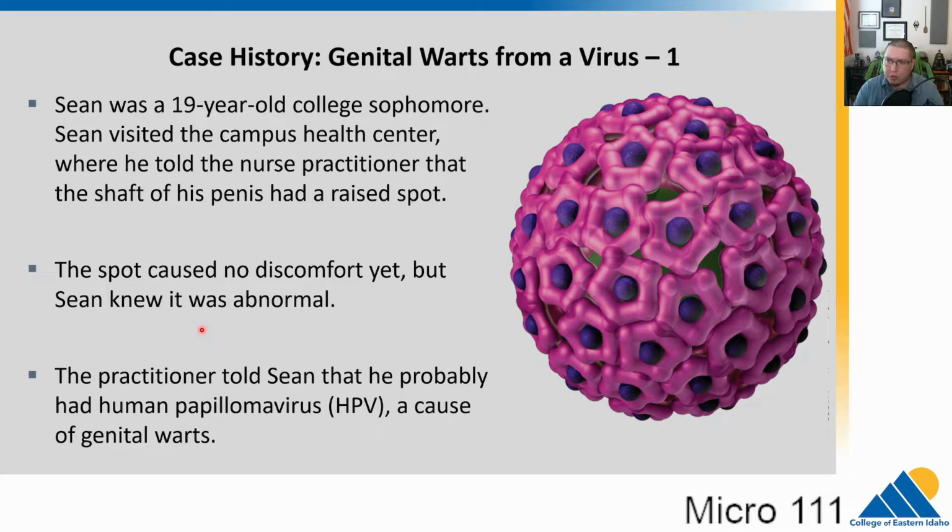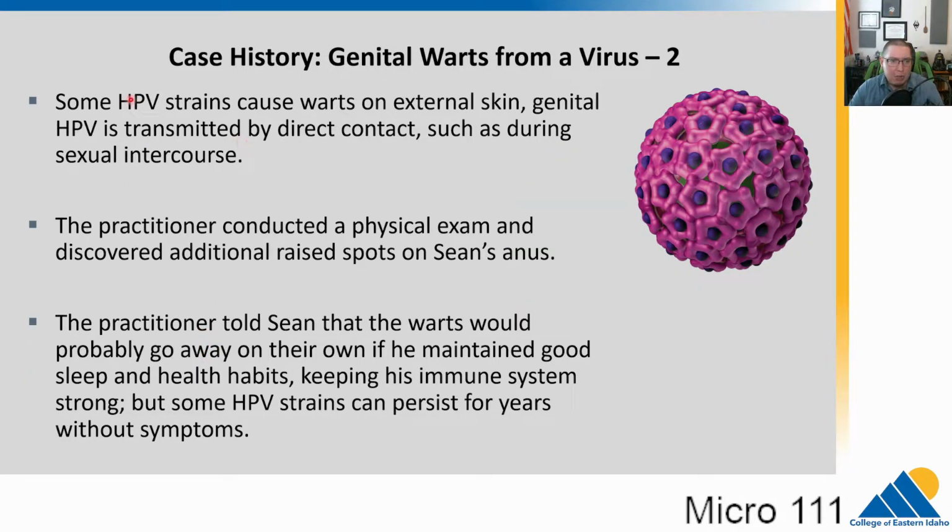So how does it do this? HPV strains can cause warts, and they're transmitted by direct contact. This could occur during sexual intercourse. The practitioner is going to conduct a physical exam and find several spots also on the anus. So he has probably been having unprotected sex.